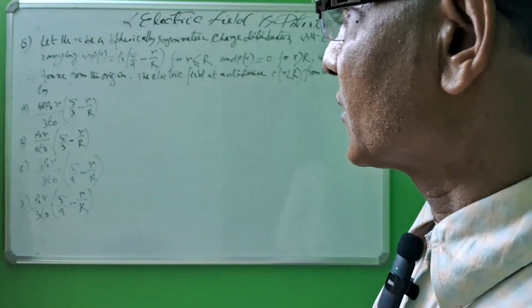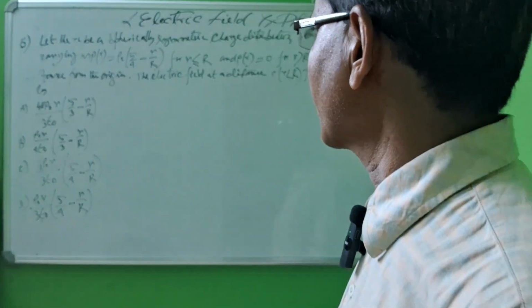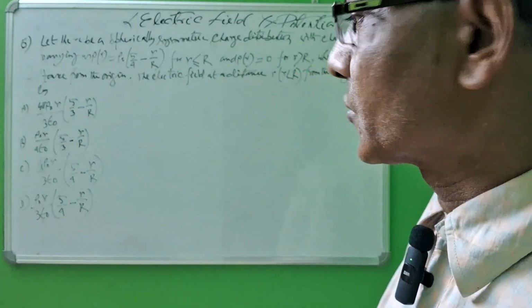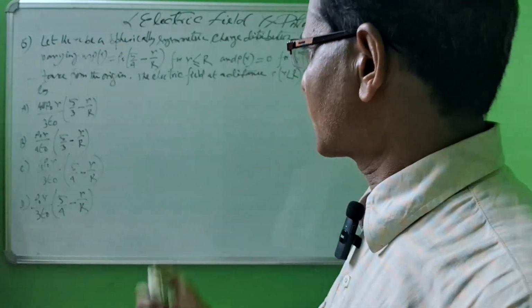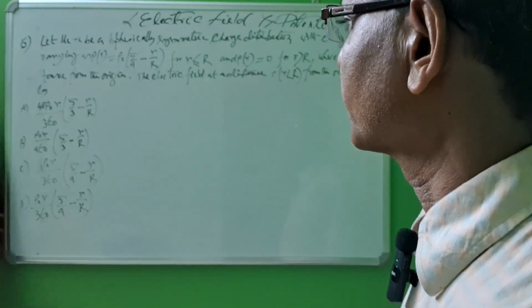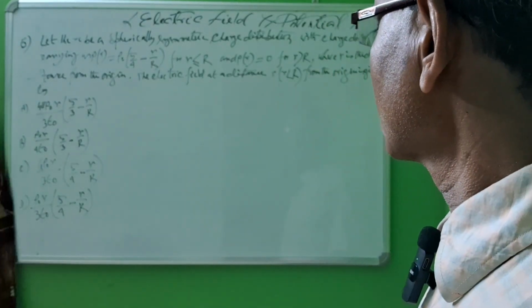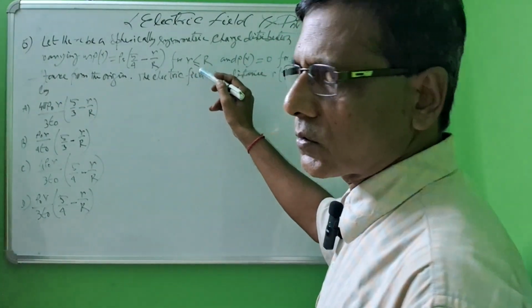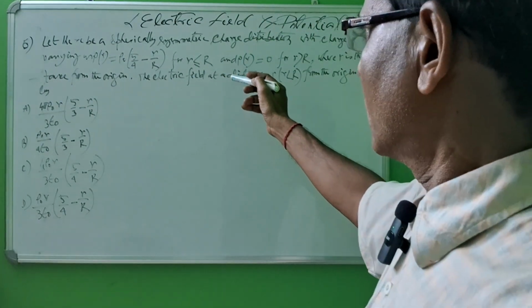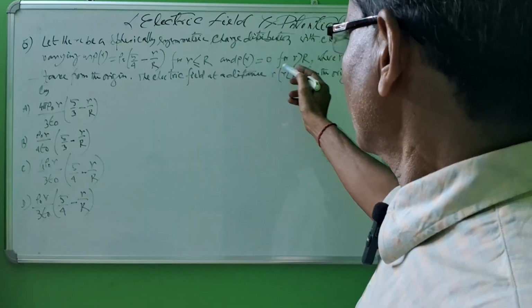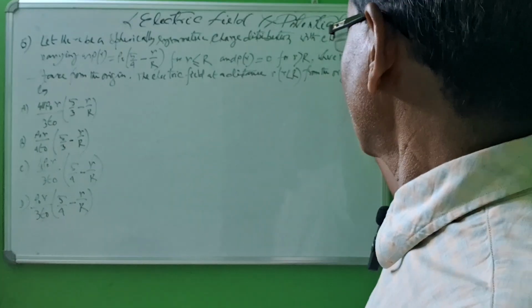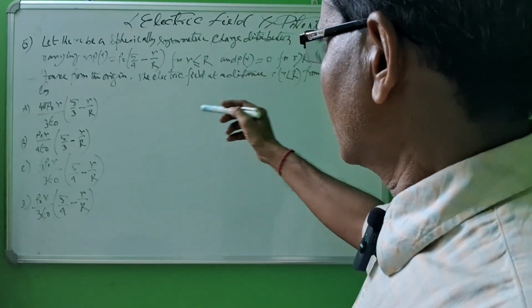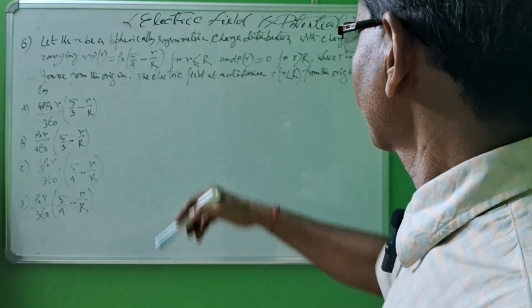Here the problem says, let there be a spherically symmetric charge distribution with charge density varying as rho r equals this, for r less than or equal to capital R, and rho r equals 0 for r greater than capital R, where r is the distance from the origin.